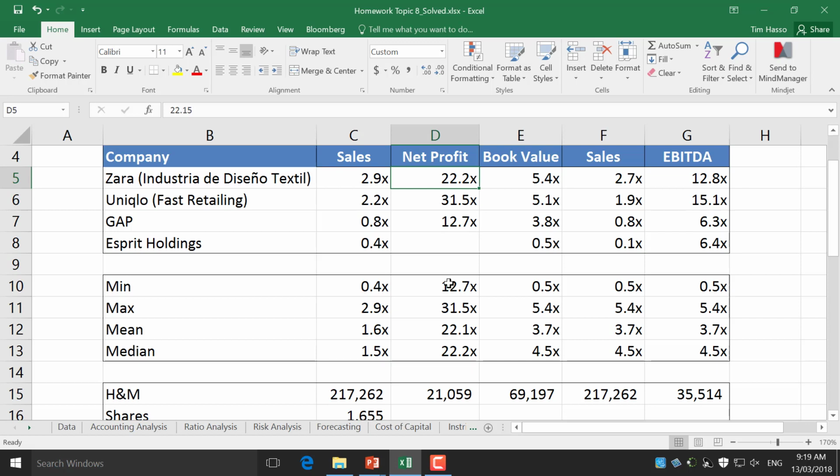In this particular scenario, I actually have a really nice situation, in the sense that H&M has pretty good comparable firms. Zara and Uniqlo are really good comparables. Even though they're not perfect, they're really good.